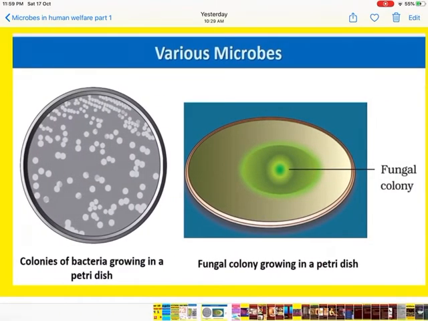Here you can see the petri dishes. In the first petri dish there is a colony of bacteria growing in it, and in the second petri dish a fungal colony is growing. So by growing them in the laboratory we can study their behavior, their nature.